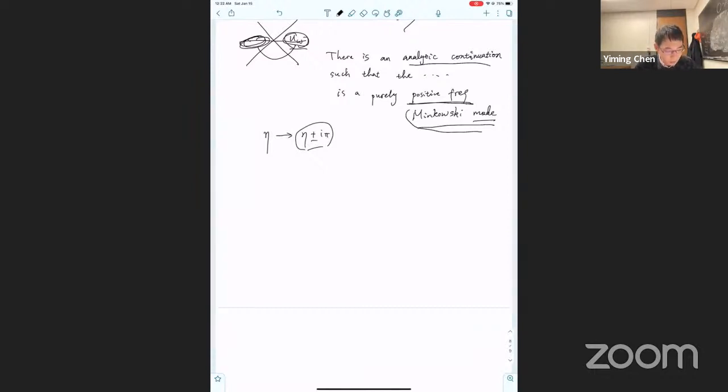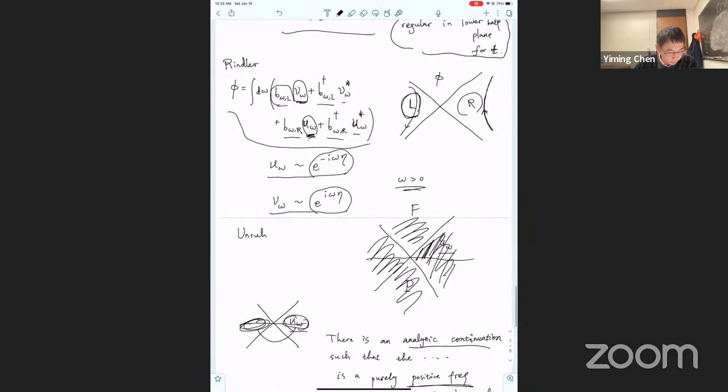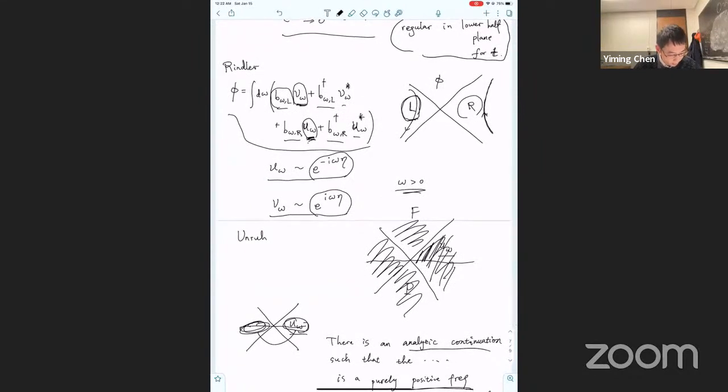But after we get this logic done, the final result is really simple. Let me just tell you that going through the lower half plane corresponds to sending eta to eta minus i pi rather than eta plus i pi.